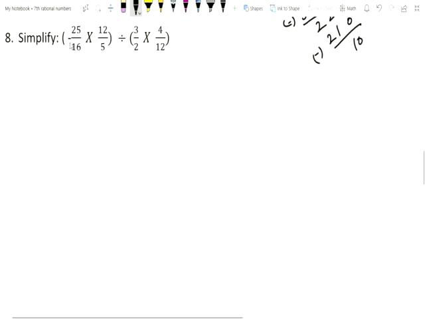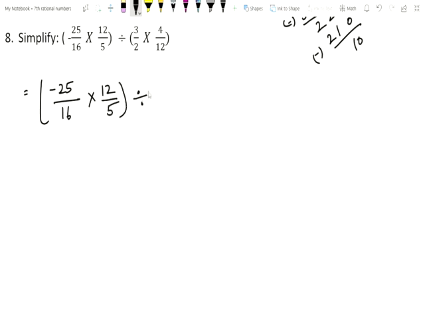Simplify minus 25 by 16 into 12 by 5, divide 3 by 2 into 4 by 12. Okay, so we are going to simplify this. First, you simplify the bracket. Minus 25 by 16 into 12 by 5.